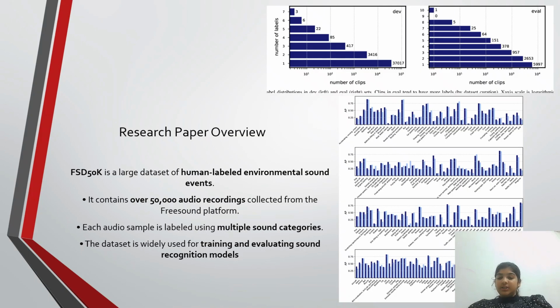Each audio clip in the dataset is carefully annotated with sound labels representing different sound categories. The dataset covers a wide range of sounds including human sounds, animal sounds, environmental noise, and mechanical sounds.